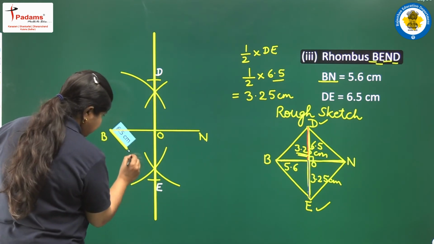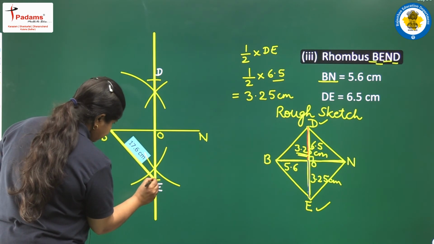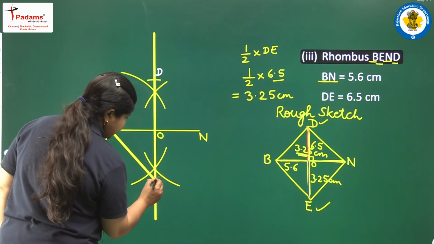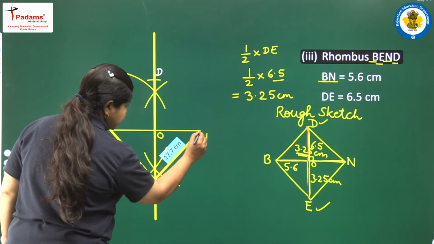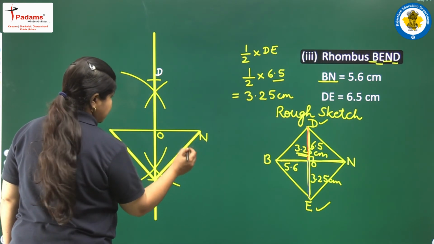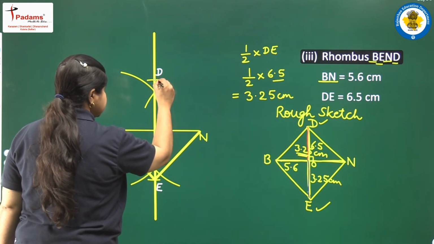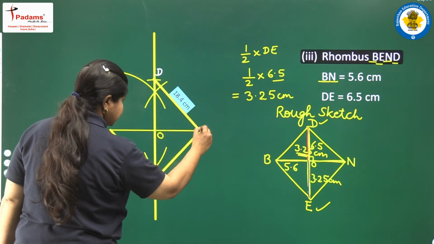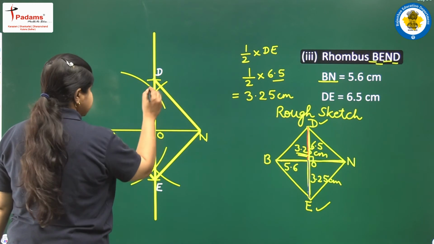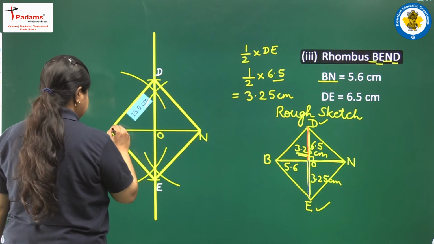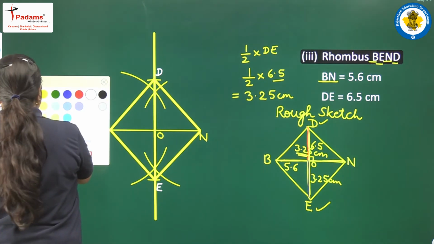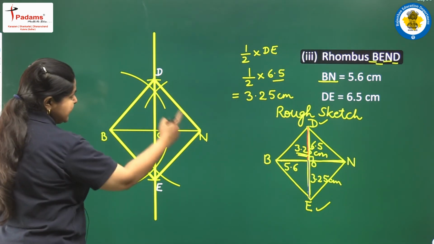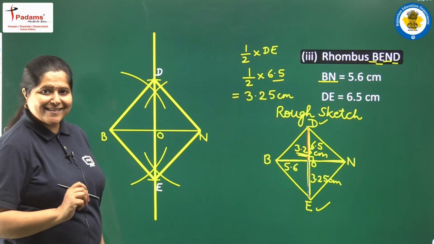Join B, E, then join E, N, then join D, N, and then join D, B. With this we get our rhombus B, E and D. You can clearly see this.